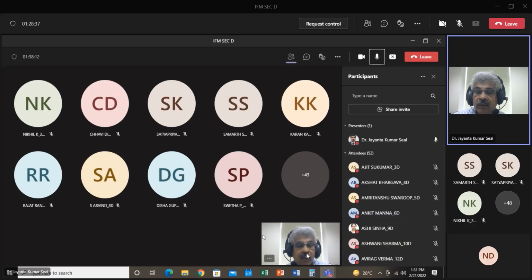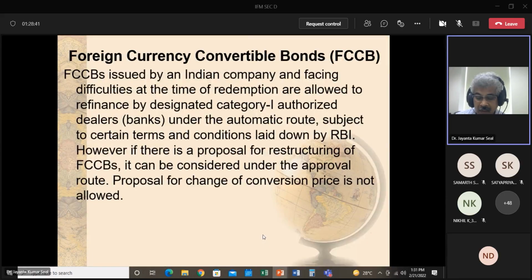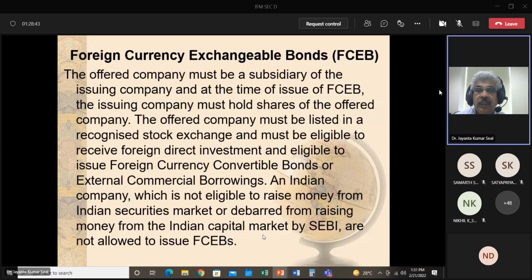So similarly, when these companies' shares are converted, it becomes foreign direct investment. The offered company must be listed on a recognized stock exchange and must be eligible to receive foreign direct investment, and eligible to issue foreign currency convertible bonds or external commercial borrowings.